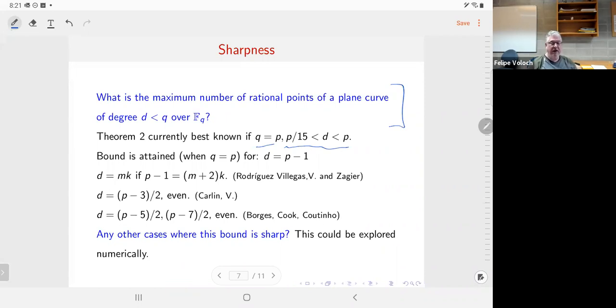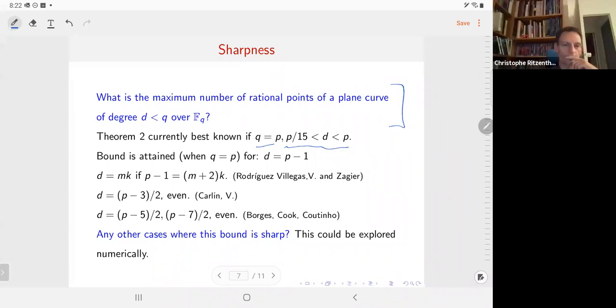There are variants, so you can try and account for the singular points. When the degree is small there are not many, but when the degree is large, there can be a lot. But the theorem as stated is for the points in the non-singular model. In fact, the examples that I'm going to mention are all smooth curves. Somehow for the non-smooth curves, the number of points drops. Does that answer your question?